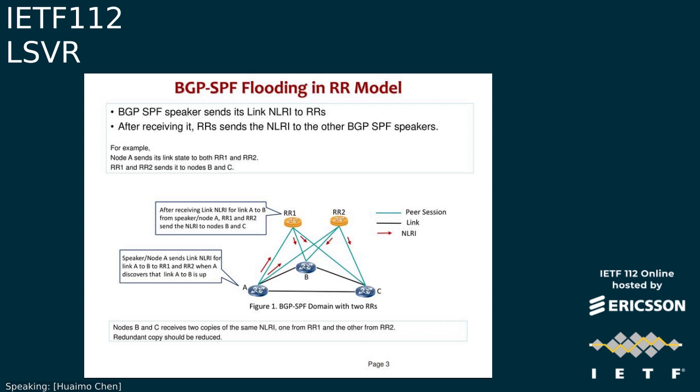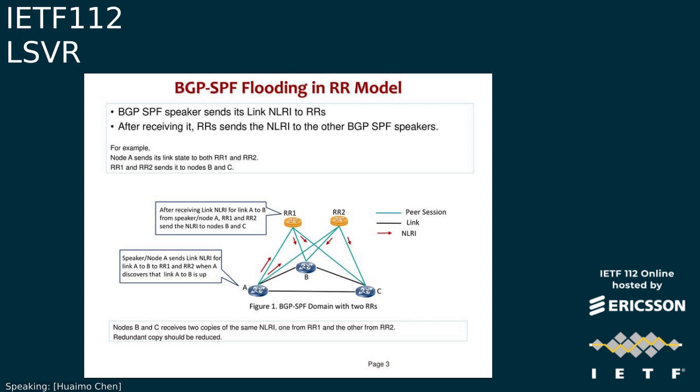After receiving the link states from node A, they will send the same link states to nodes B and C. So in this case, nodes B and C receive two copies of the same link states, one from RR1 and the other from RR2. So one copy is redundant and may be reduced.